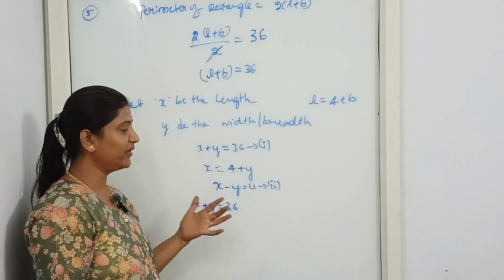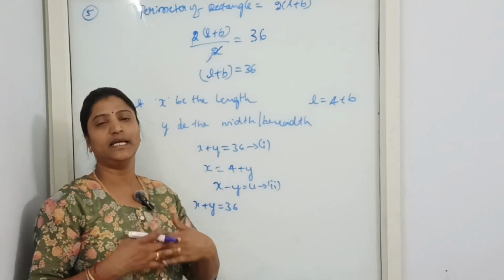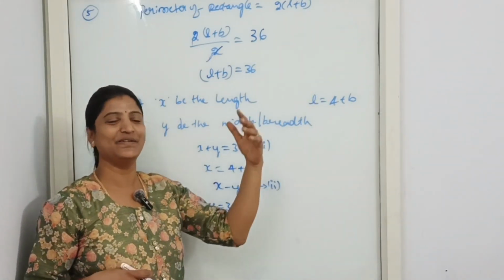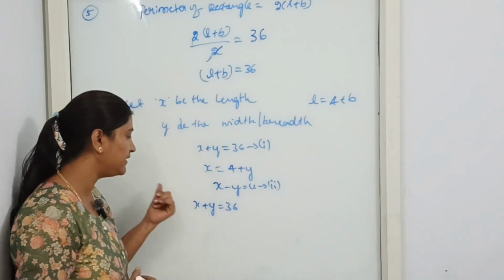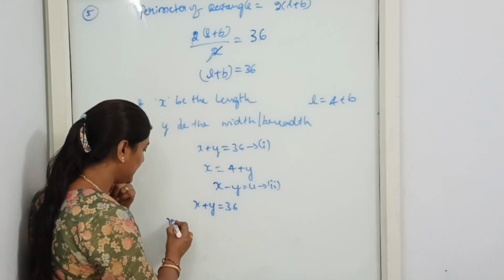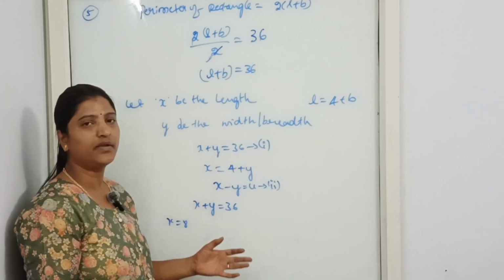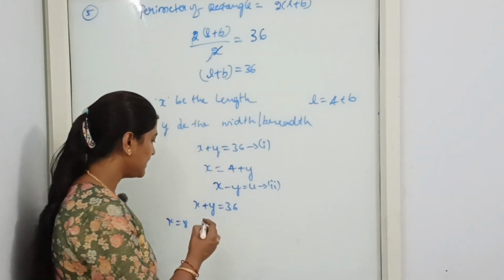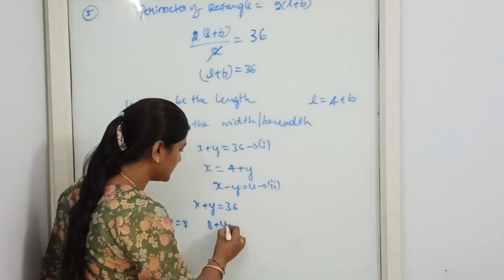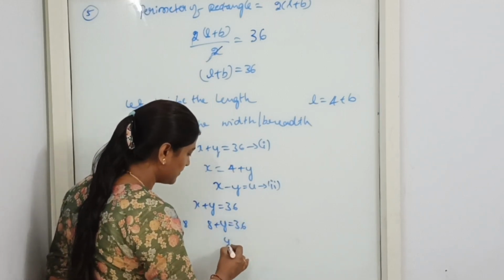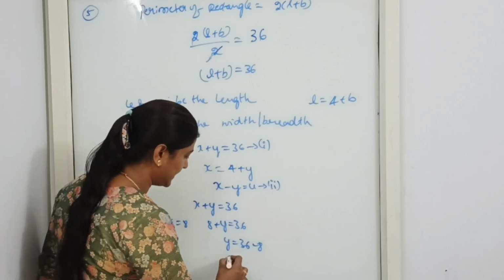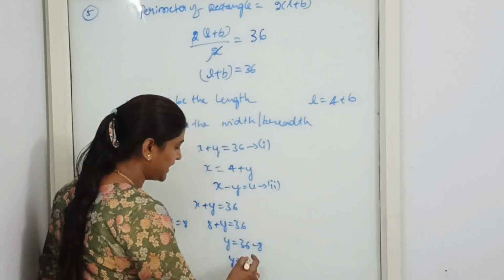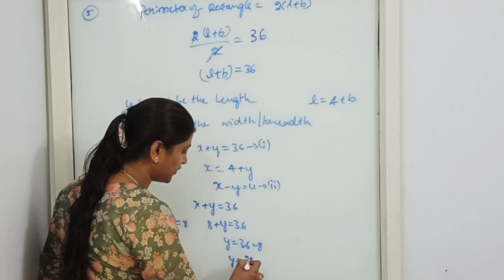So if you go to represent on graph, the values are too big. So that is why we need to reduce it. Reduce it means give a smaller value for x. Let me take an even number. You can try an even number. Okay, 8. 8 plus y is equal to 36. y is equal to transpose 8 that side, 36 minus 8, that is 28.